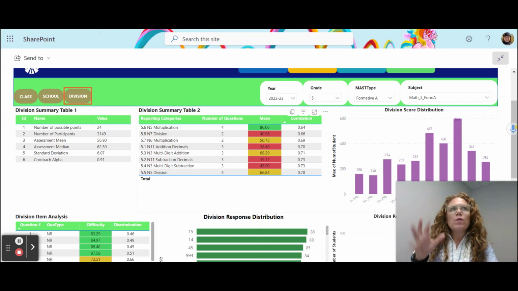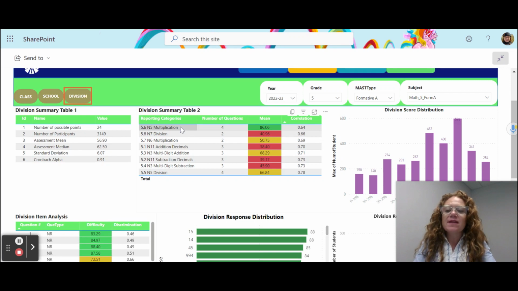Now, the second table, the division summary table 2, is where things get very interesting. So what we have done is we have organized and grouped each of the questions so that they are under the similar reporting categories. So for example, in the legacy curriculum for grade 5, we have number outcome 5, which is all about multiplication.